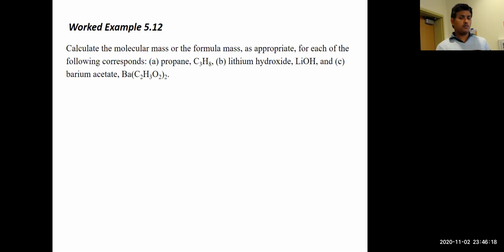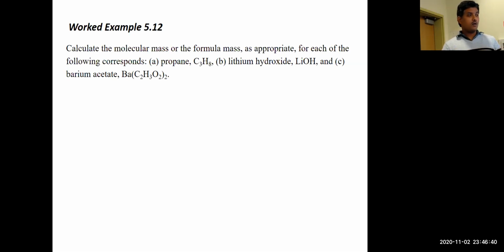Let's practice one or two problems. The problem is asking us to calculate either the molecular mass or formula mass for these compounds: propane, lithium hydroxide, and barium acetate. I see two easy examples and one challenging one.